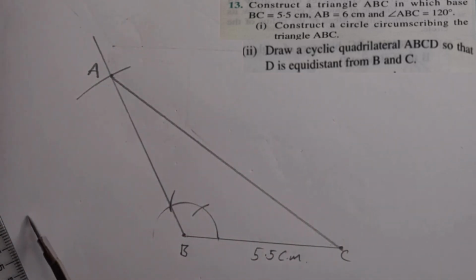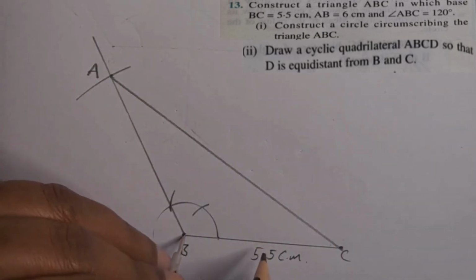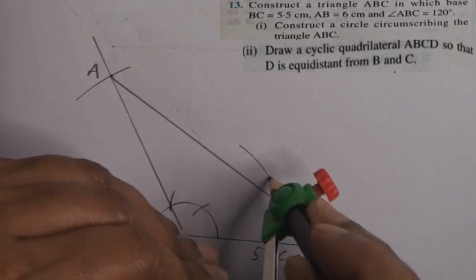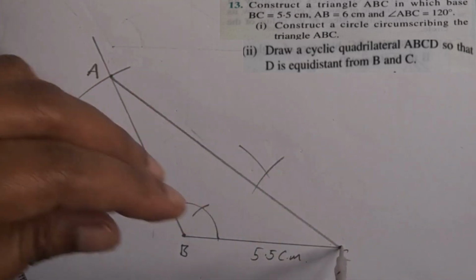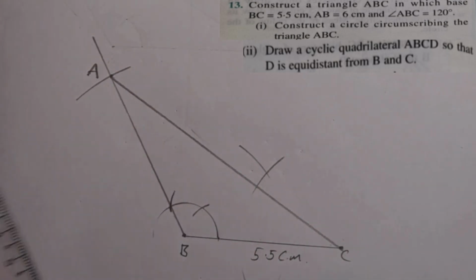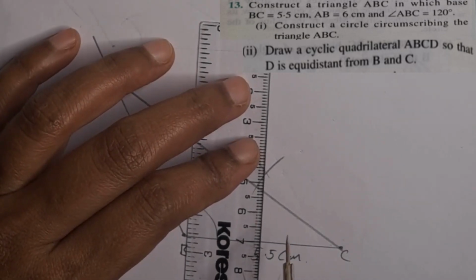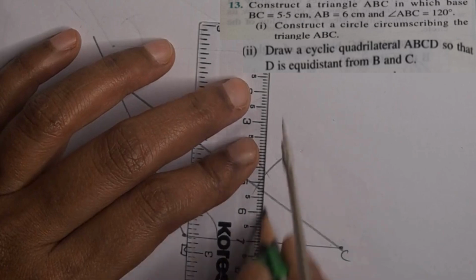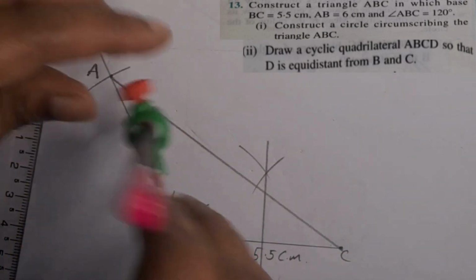Next, first sub question. Construct the circle circumscribing the triangle ABC. Circumscribing means we have to draw the perpendicular bisectors of any two sides. BC perpendicular bisector. From B and C, cut those arcs. Join this point and this point. Next, AB perpendicular bisector.